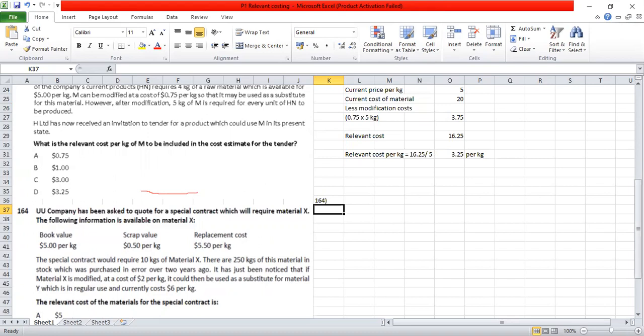So material requirement is 10 kgs. Current price of material is 6.